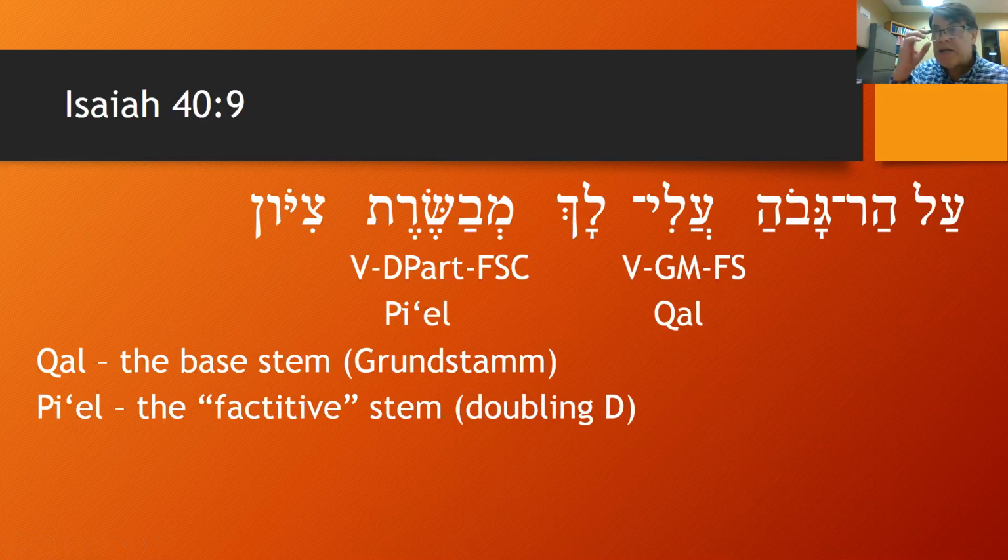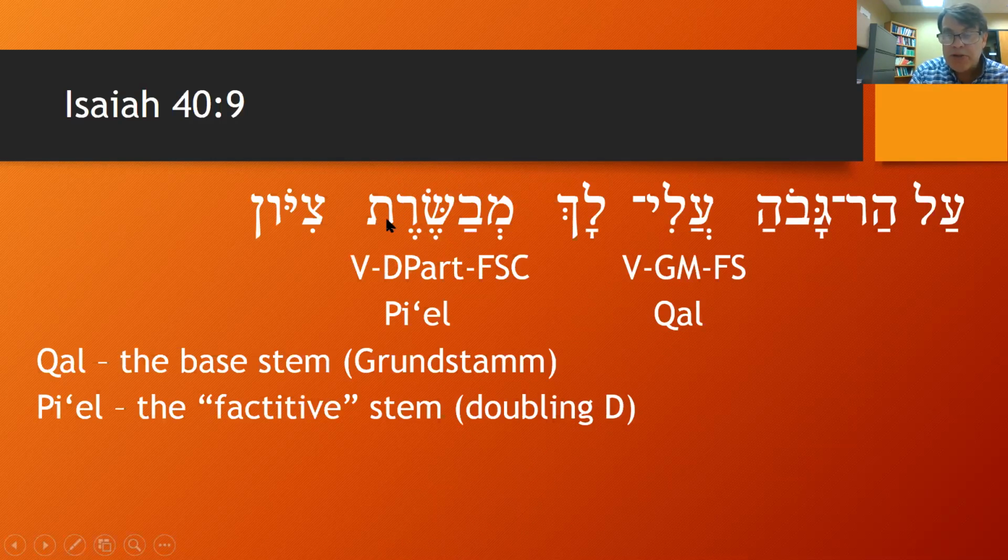Now remember how I said last week that Hebrew verbs are based upon three consonants. And they add stuff at the beginning and end and in the middle. But the bet, sin, and resh, this is the core. Those are the three right there.